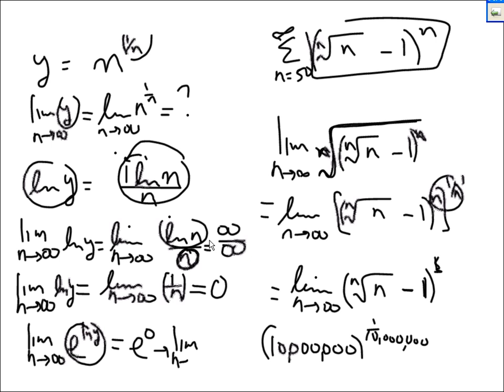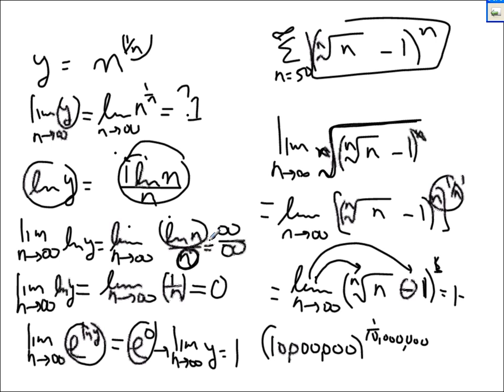The limit as n goes to infinity of y equals e to the 0, which is 1. So this limit I now know is 1. Okay, so the limit of this is 1 minus the limit of a constant is 1. As n changes, 1 stays 1. So this is 0, which is less than 1, which implies it converges. The root test gave us less than 1.